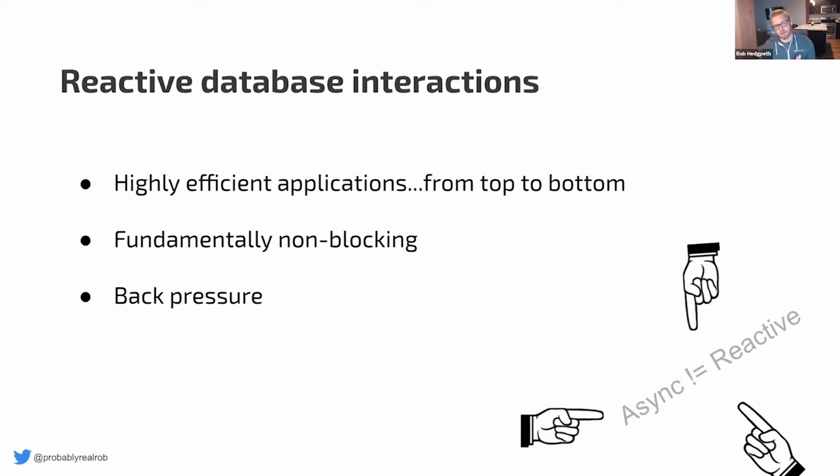This idea of using high efficiency and this event-based approach in order to send information is something that's a little bit more uncommon, even these days, when using a relational database. So we want to change that, and we're going to do that with the R2DBC specification. We want to be able to create highly efficient applications, and that includes everything from top to bottom. And we fundamentally want these, of course, to be non-blocking, which in this case, we are going to use reactive programming mechanisms, using backpressure from the subscriber to the publisher to control flow.